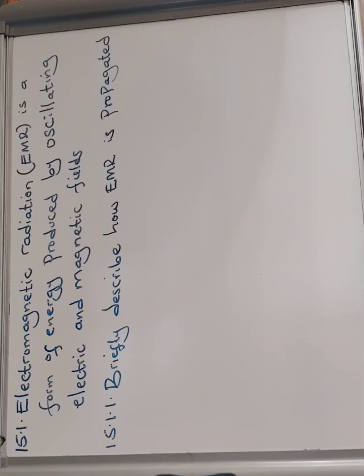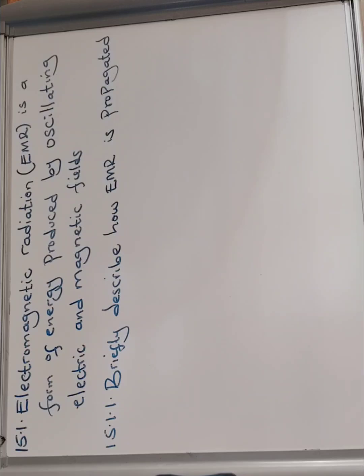Okay, when you go beyond this level, you realize that varying electric field produces magnetic field, and the varying magnetic field produces electric field, and that's the principle on which EMR is propagated.